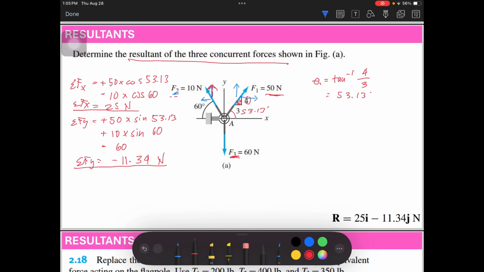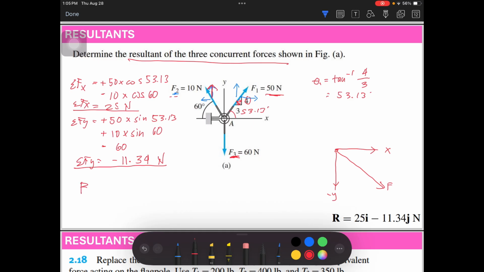I-graph nga muna natin kung ito yung positive si X. So, nasa positive siya. And then, negative yung summation sa Y. So, ganyan siya. Negative Y. So, somewhere dito nyan, yung resultant na F. F is here. So, what's the value of F?